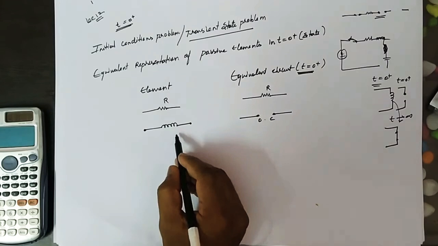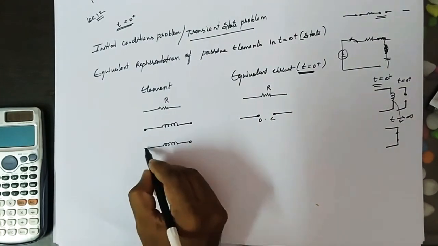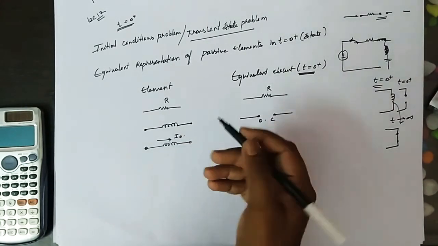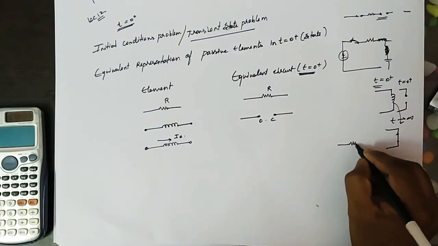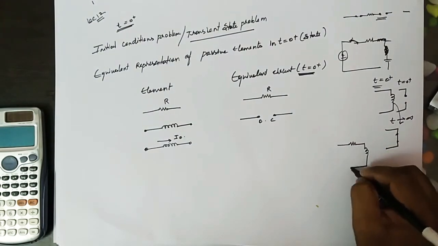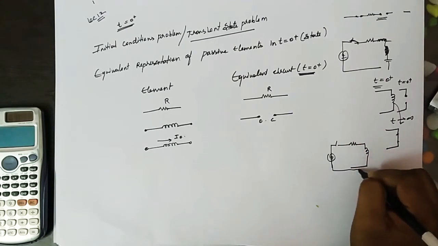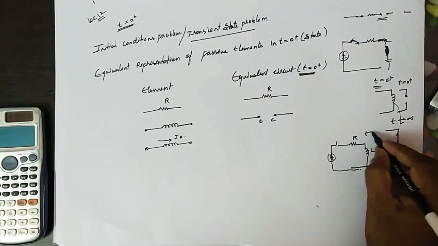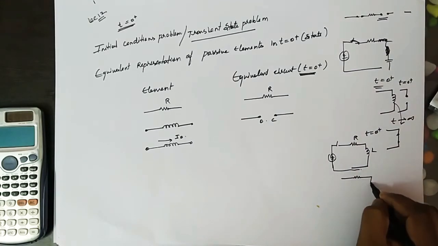Suppose this inductor doesn't have any initial conditions. Now you switch on the circuit at t equal to 0 plus, and the inductor behaves as an open circuit.